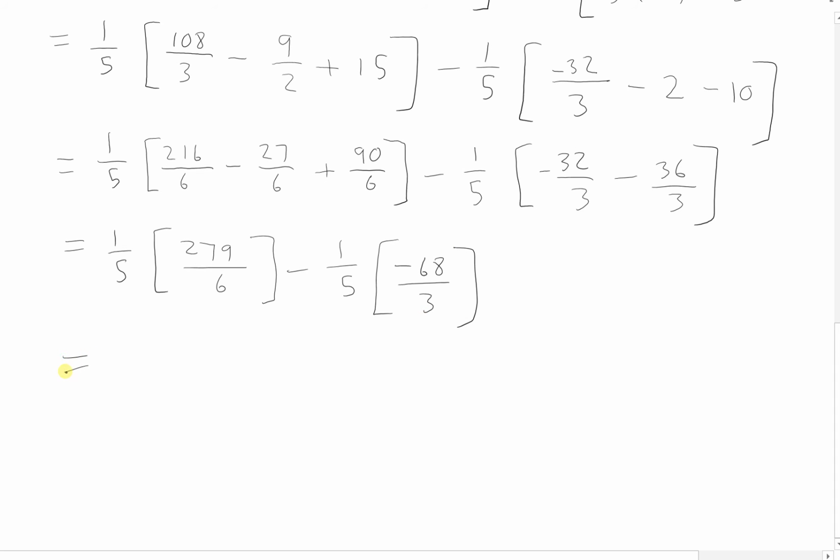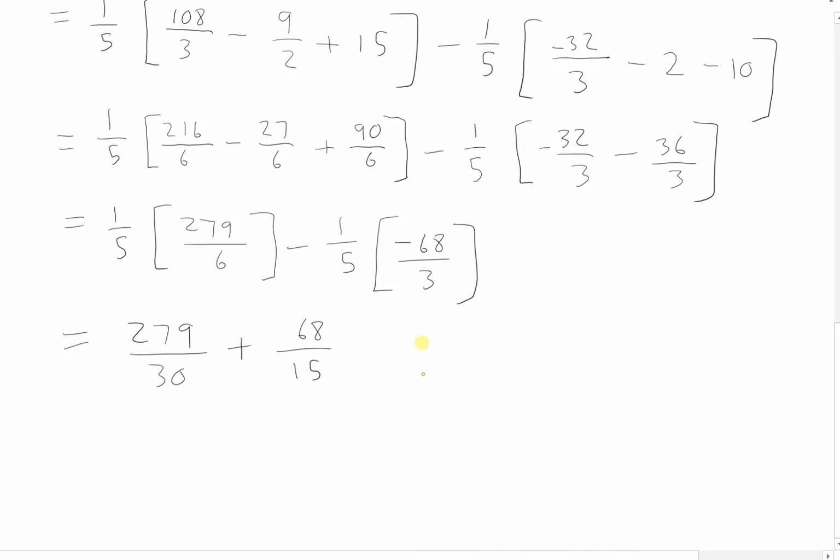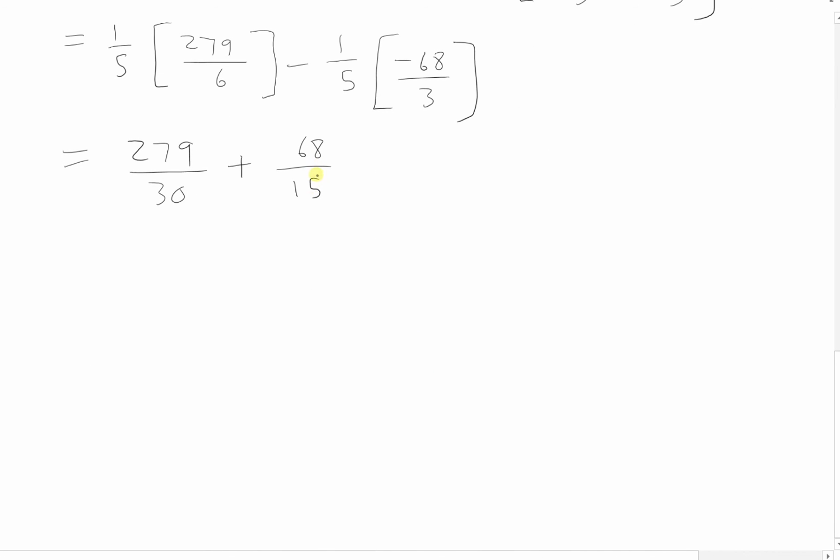Now I'm going to multiply the 1/5 inside. I'm going to have 279 over 30 minus, oh, can you see now this is going to be plus 68 over 15. Okay, and again, if I wanted to simplify this, it's 279 over 30 plus, I multiply the top and the bottom by 2 so I can get a 30.